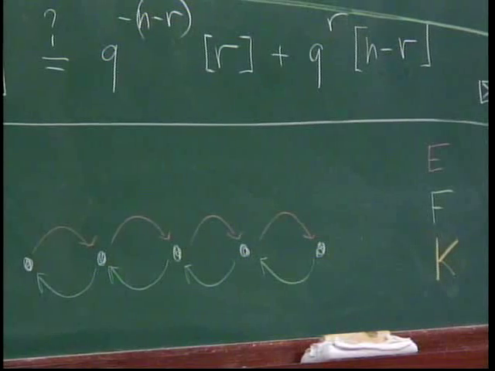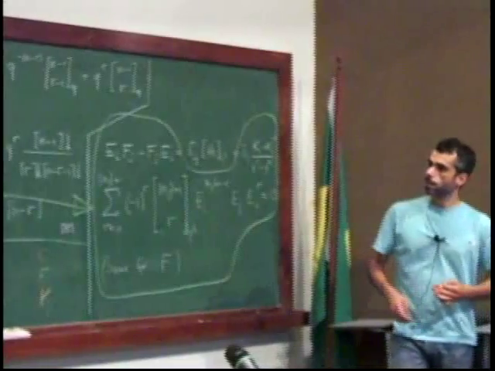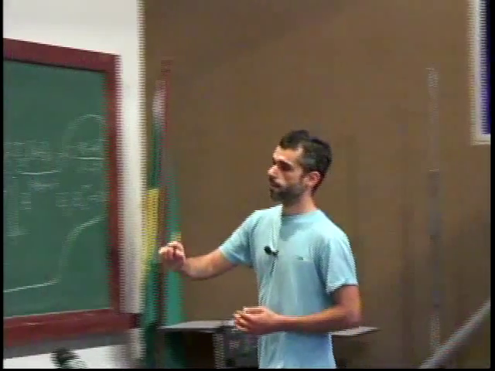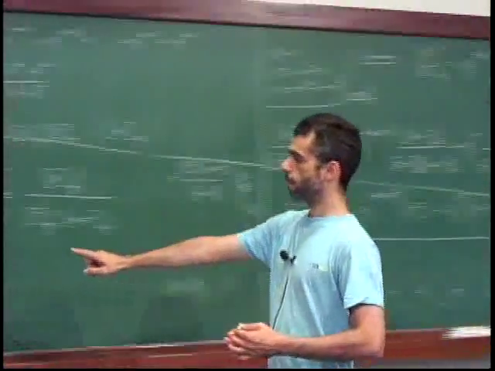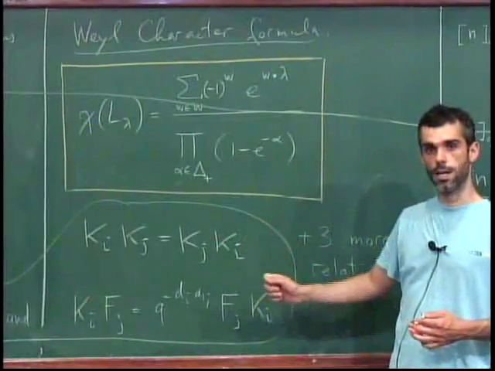Yes? But you also added in this equation another generator that we didn't have before, right? This K_i inverse that really wasn't there. You're right. So if you want to be super picky, you need to say that you add a generator K_i inverse with extra relation K_i times K_i inverse is 1 and K_i inverse times K_i is 1.